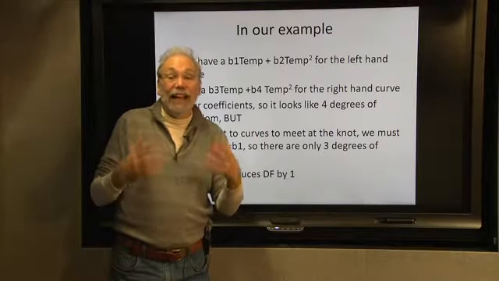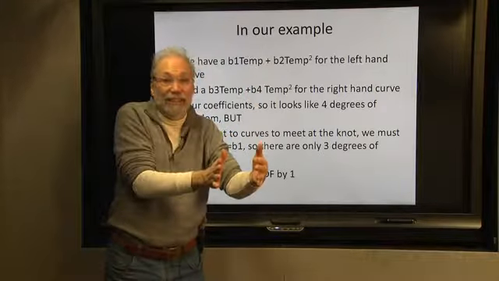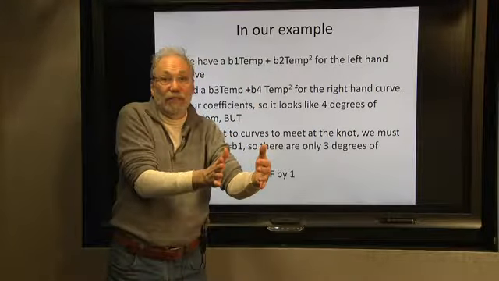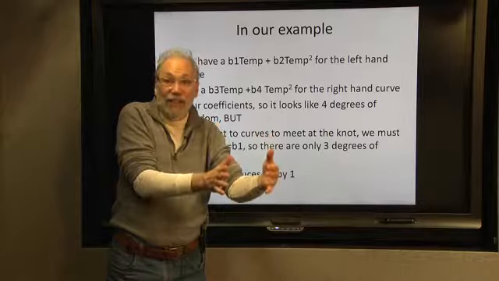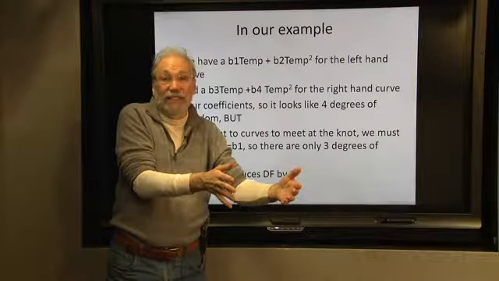So basically, every additional division of the range of exposure, adding a new knot, adds another degree of freedom.